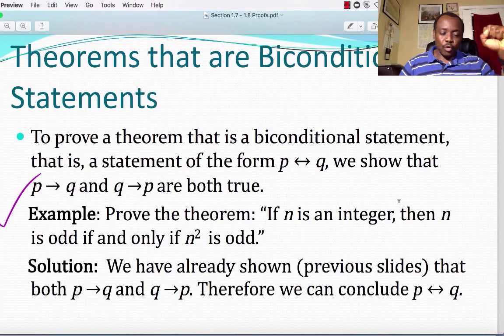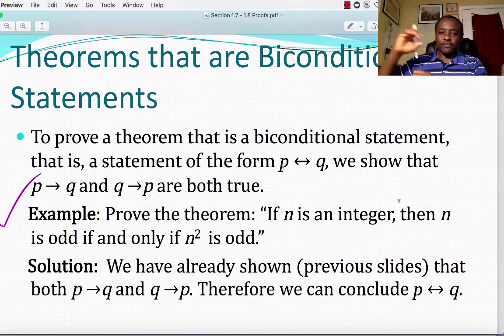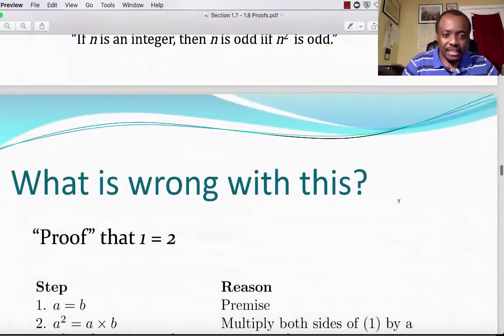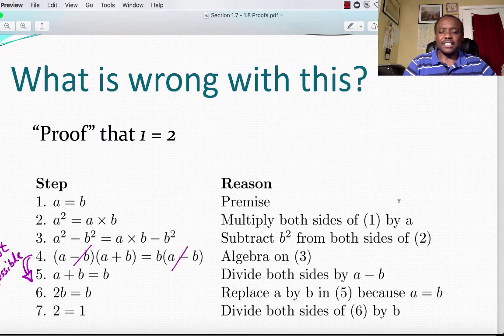You prove that the first one implies the second implies the third implies the fourth implies the first. If you go in a circle, then you can assume that the problem has been solved, or the proof of the theorem has been executed. Now, let's proceed with an interesting problem.